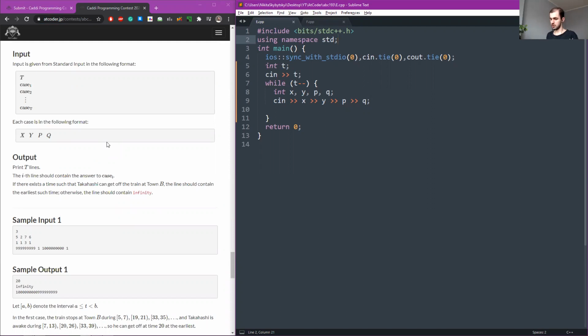Really should, and it's not trivial how we do it. Maybe we can just loop through all possibilities.